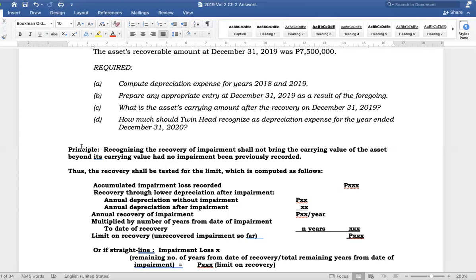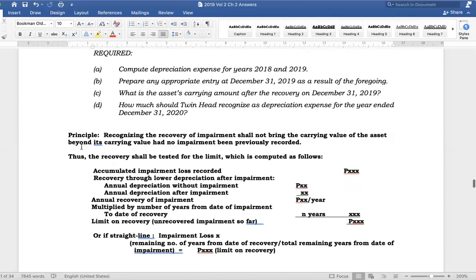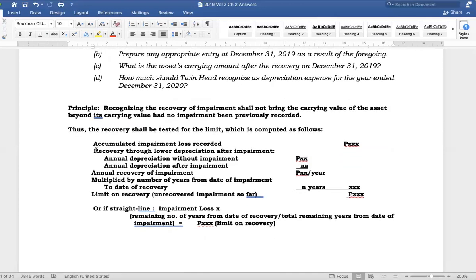The same applies to inventory, right? The amount that is recovered in the decline in NRV of your inventory also has a limit. Thus, the recovery shall be tested for that limit, which is computed as follows. The accumulated impairment loss recorded, and then we deduct the recovery from the date the impairment was recorded.